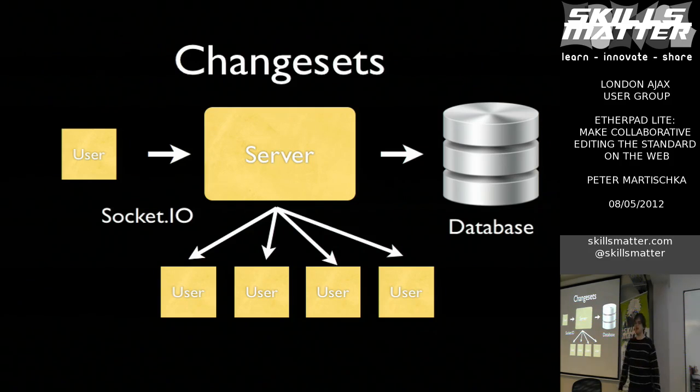So we just check every half second whether anything has changed, and then we try to send a change set to the server. The server basically sends this change set to all other clients that are on the pad at the moment, and it also saves it to the database. It's a bit more complex in detail, but that's basically what it is.